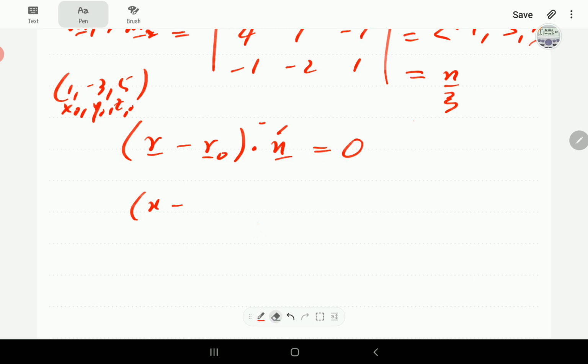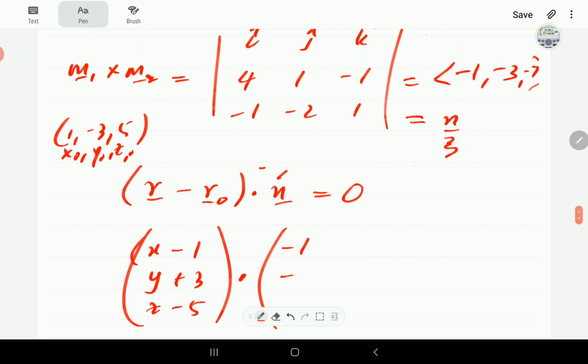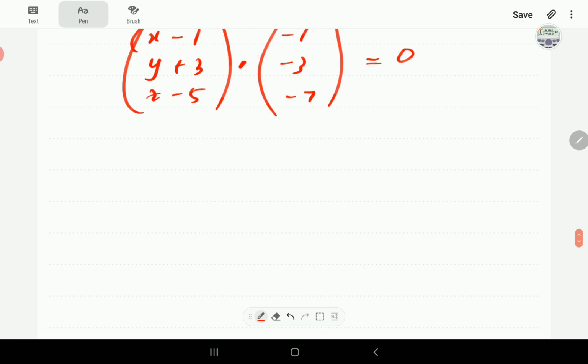So it's going to be (x minus 1, y plus 3, z minus 5) dot n, which is minus 1, minus 3, minus 7. This must be equal to 0.